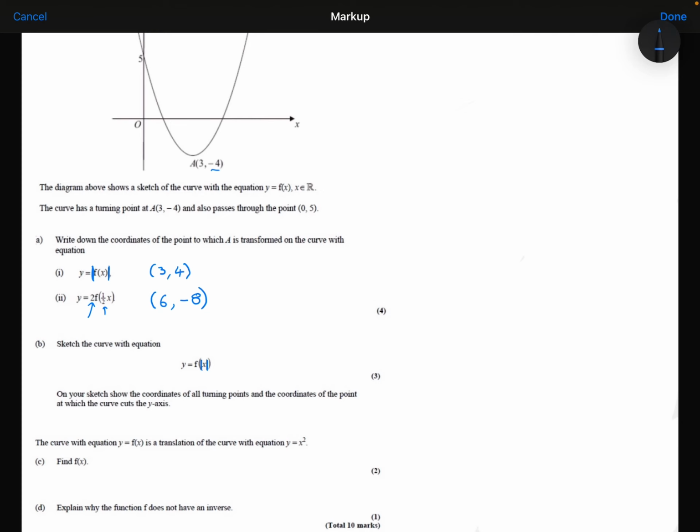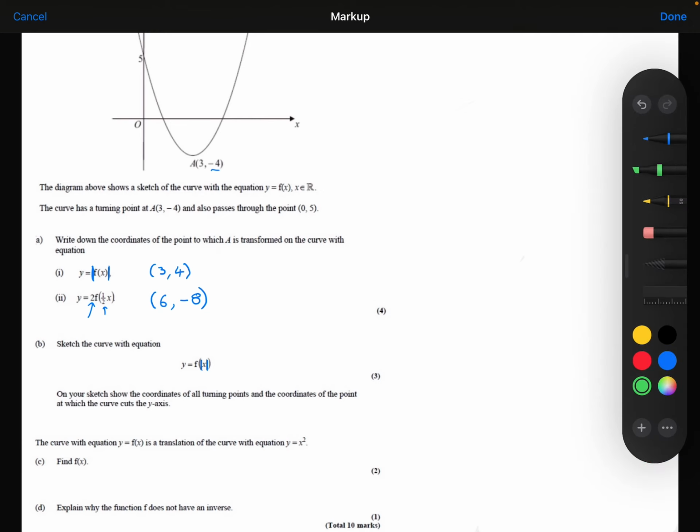When x is positive, the modulus has no effect at all. So this part of the graph, where all the x values are positive, is going to stay exactly as it is.